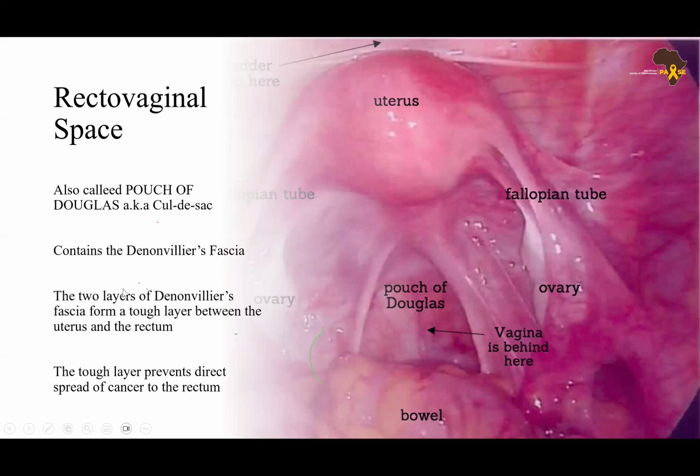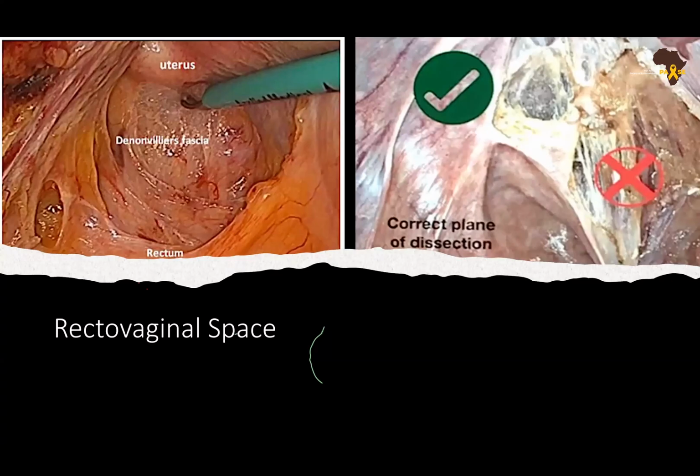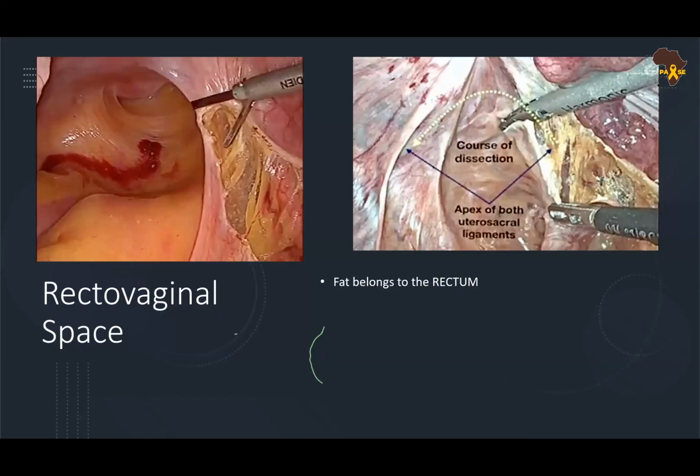These two layers of the Denonvilliers fascia are the layer between which you should be dissecting, pushing the vagina in front and the rectum behind. This tough layer is actually the space that you will be able to dissect into without much bleeding. So this is how we would be able to dissect this space.